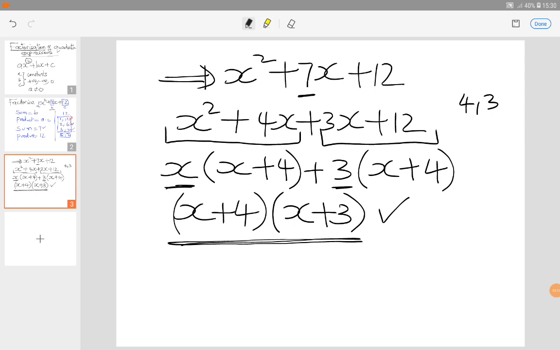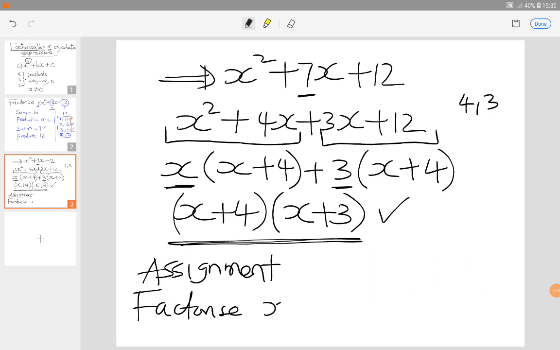Now having done that, you can try this one. This is your assignment. Try to factorize x squared plus 5x plus 6.